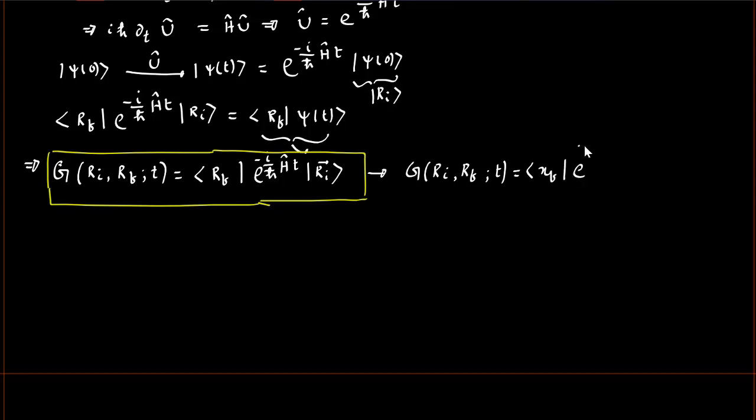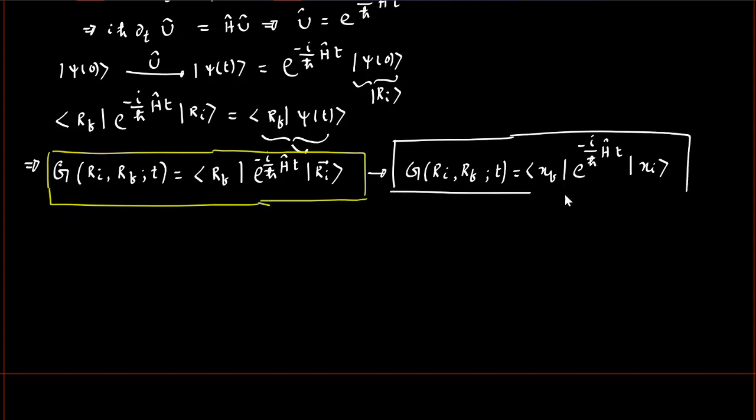This is just notation, not a big deal, exponential minus i by h cross Hamiltonian t, x i. Okay, this is the equation. From now on we'll use this notation, but now notice that here this H, or this Hamiltonian, is an operator, and actually this term is in exponential form.